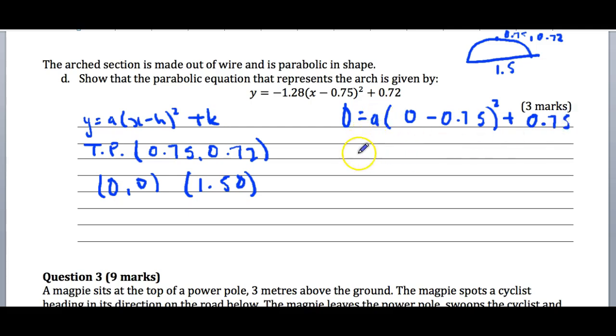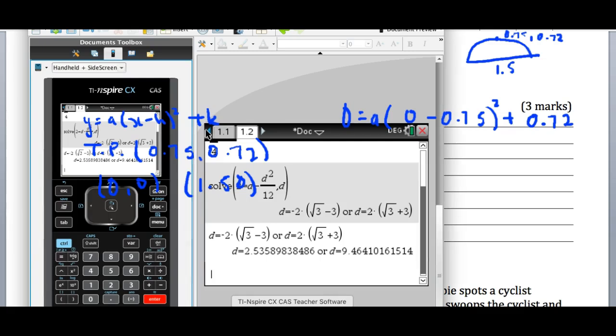So you could do that on your calculator. Oh, how come I always write 0.5, 0.2? Do that on your calculator, and you probably would have to do it on your calculator because 0.75 squared, you are dealing with fractions or decimals, but I would turn that into a fraction, and then it might get a little bit tricky. So at this stage, we'll just do that on the calculator.